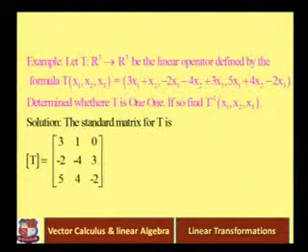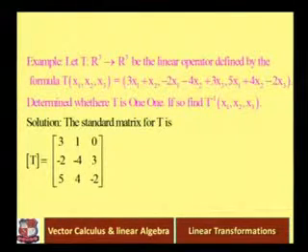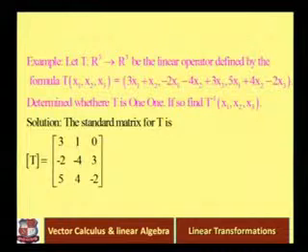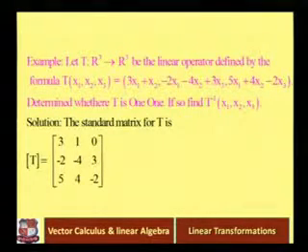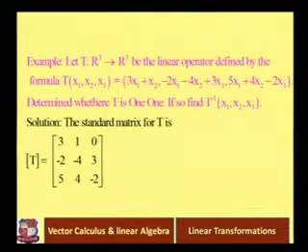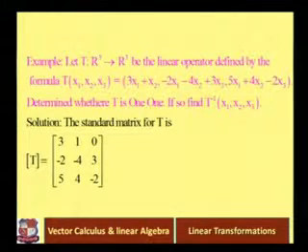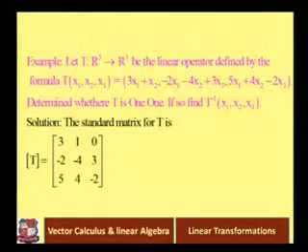For the second row, we take the second coordinate, minus 2x1 minus 4x2 plus 3x3, so the coefficients are minus 2, minus 4, 3. And the third coordinate is 5x1 plus 4x2 minus 2x3, so the third row is 5, 4, minus 2. So this is our standard matrix.